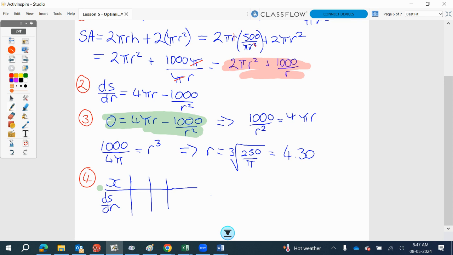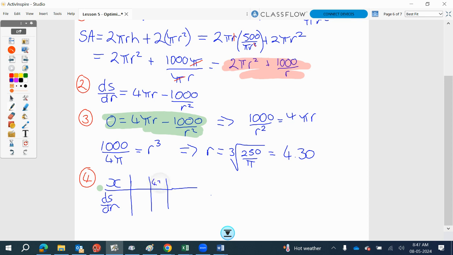Ask yourself, why didn't you know it was 4.30? All that we've been doing in this question is to find where the derivative was equal to 0. Our answer was 4.30. This is obvious. You should know this and be able to follow this.